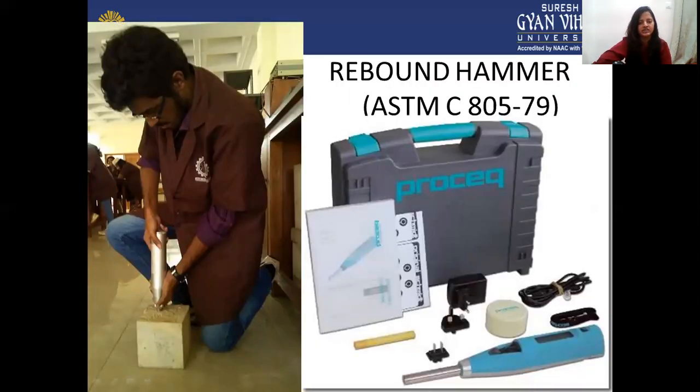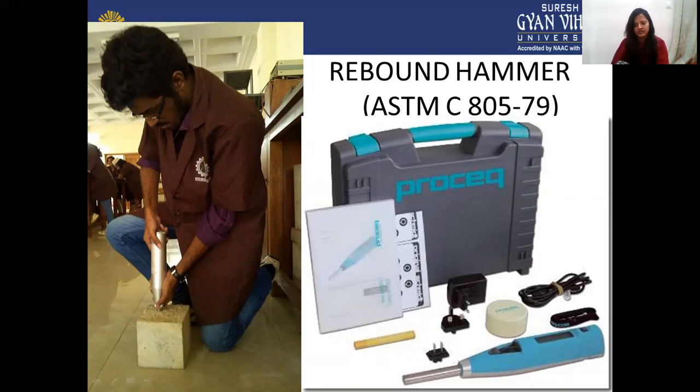So this is one method which is called the rebound hammer method. We can see it's a small teeny tiny device. In the left picture we can see a person holding the rebound hammer and testing the surface hardness of a concrete cube.